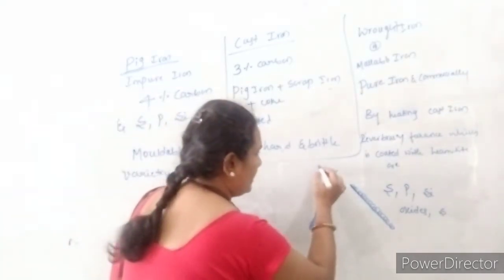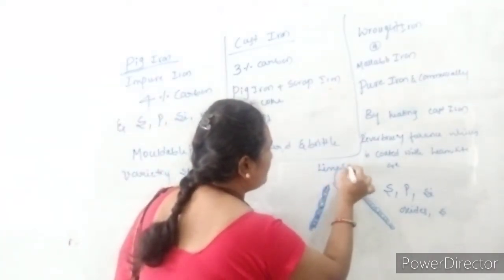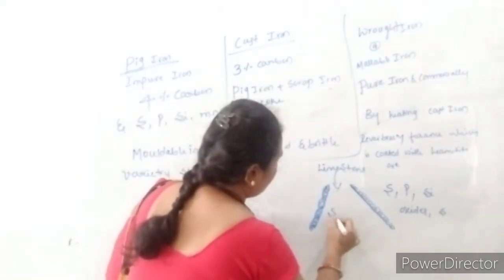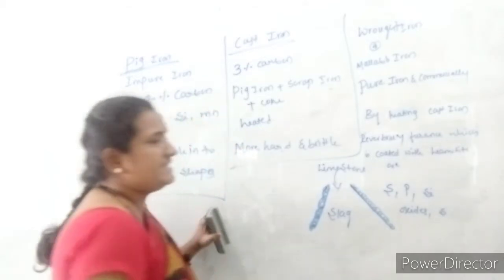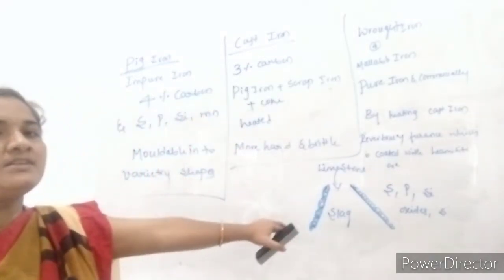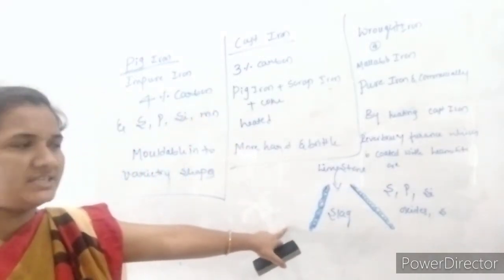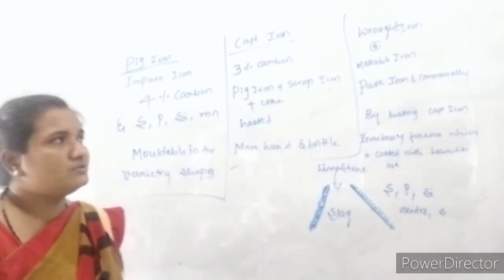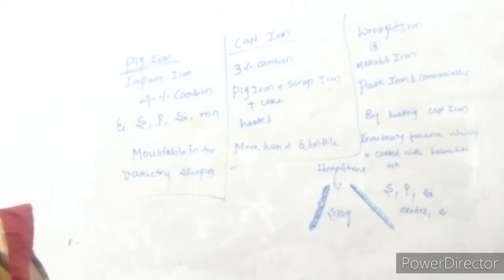We also add limestone to remove all these impurities in the form of slag. The calcium carbonate is added to this furnace to remove all the impurities present in the cast iron in the form of slag.